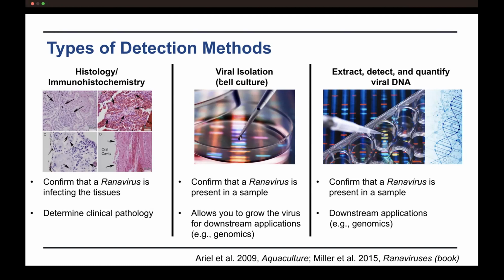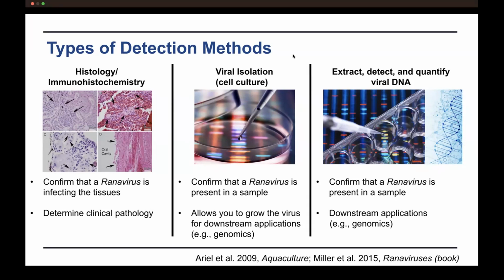Histology can also be used to determine clinical pathology, or to try to infer whether the virus has actually killed an organism, for instance. So this is often used if you're trying to figure out why an individual has died and you're not sure it's the virus. This is one way to help you get at that question.